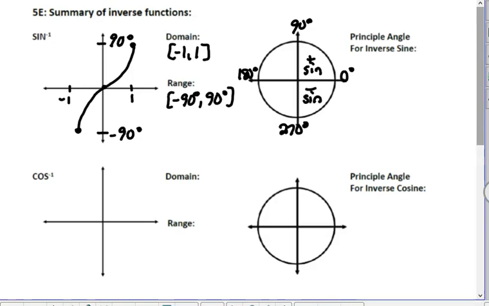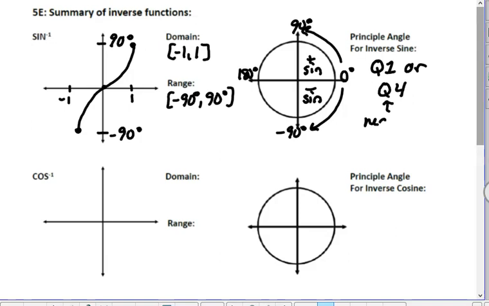And actually, I'm going to erase the 270, because really what I want is -90 here. I'm going to be looking for the angles closest to 0 that have a positive trig value and a negative trig value. So my principal angle is always going to be in quadrant 1 or quadrant 4 for inverse sine. And if it's in quadrant 4, it's going to be a negative angle.